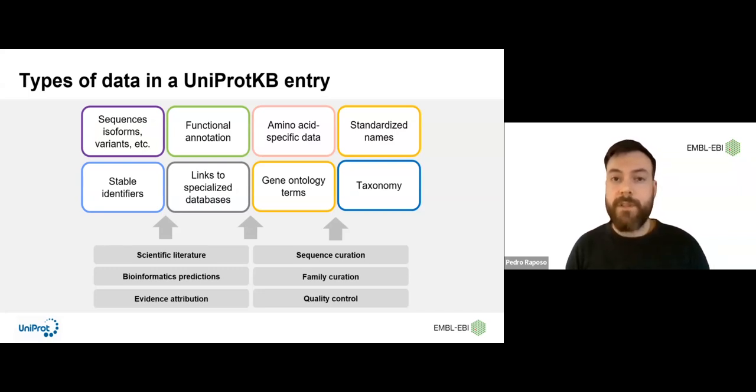We can describe the function using a comment, the taxonomy of the organism from which the protein actually comes, where the protein can be located subcellularly, and its 3D structures from AlphaFold, for example, domains and motifs, several cross-references, etc. We know that it would be great to have all the proteins within the UniProt knowledge base manually reviewed, but this is not possible because not all of them have experimental data. So we are tackling this issue using automatic systems.